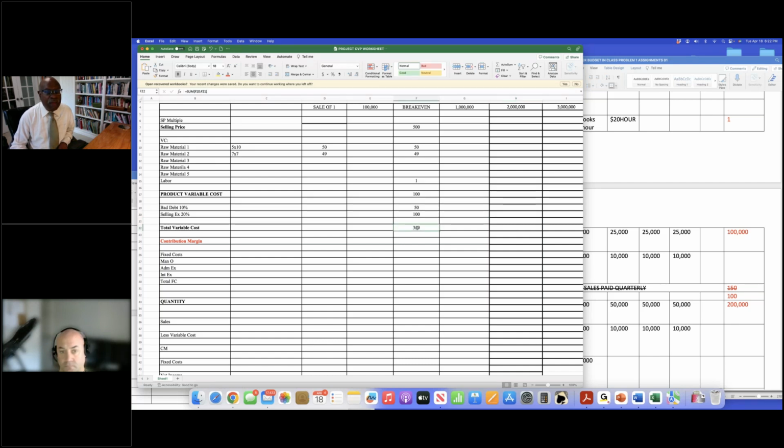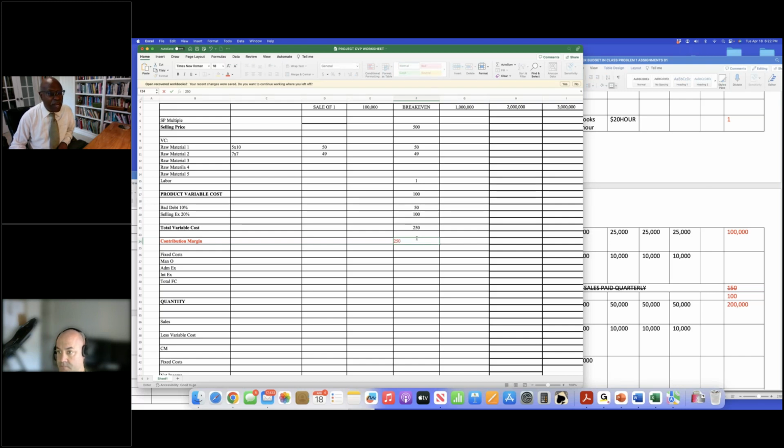And so what's our contribution margin? 500 minus 250. Contribution margin is 250. Okay, contribution margin 250.